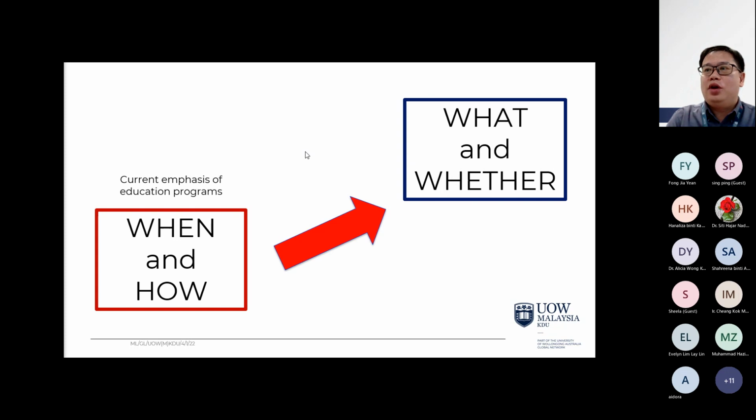Okay. Now, the current emphasis for education is very much on when and how. When do the students achieve, and how do they achieve that? What we need to look at is what they achieve and whether they achieve it or not. What is the thing that they get?